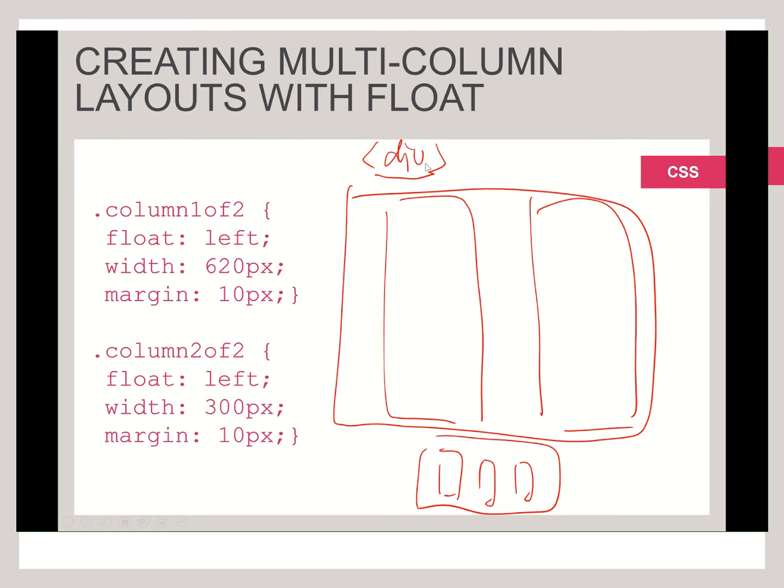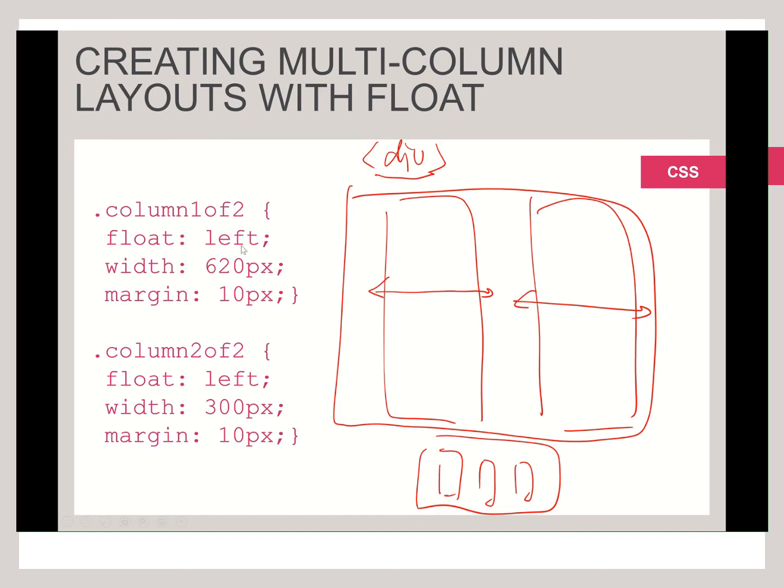We give this one a class, column 1 of 2, and this one column 2 of 2, so we can style each one separately. This one is one box, this one is another box. Then we know how to arrange two boxes, correct? This one floats to the left, this one also floats to the left. And we set how big to show, the width, the height, the margin, and so on.